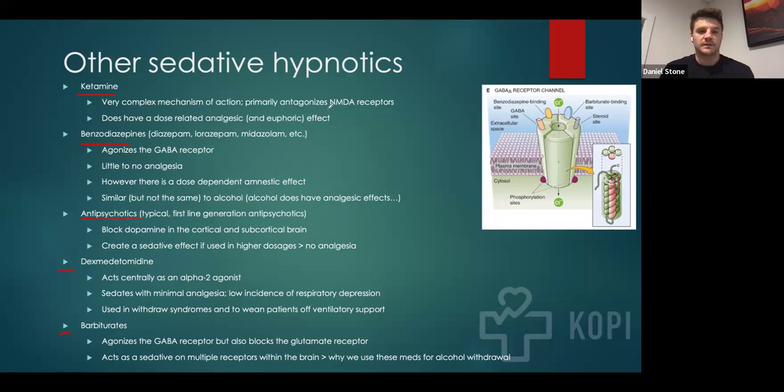Ketamine acts on the NMDA receptor. Benzos act on the GABA receptor. Generally, any medication that acts on the GABA receptor is not going to create any analgesia. It's usually just going to be sedating, so it's not necessarily helpful in terms of treating pain if you're acting on a GABA receptor.